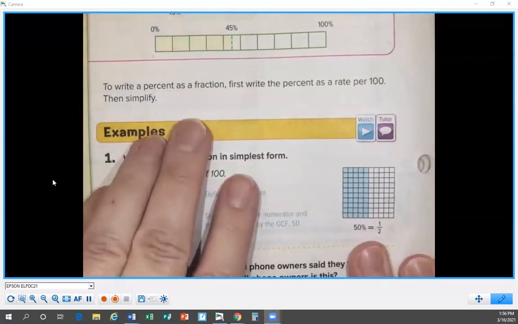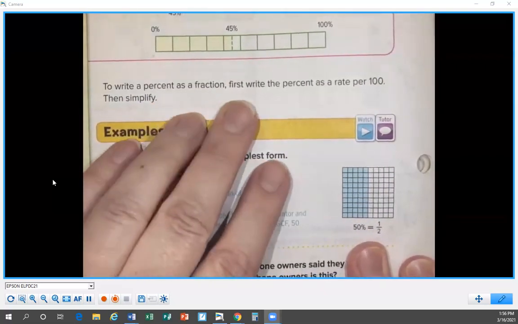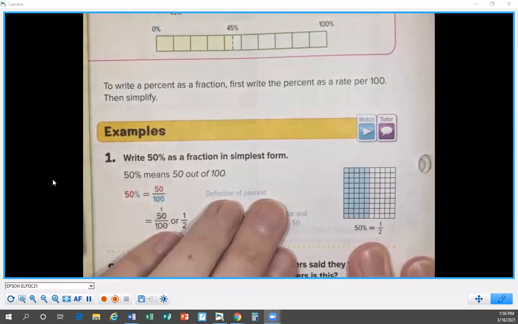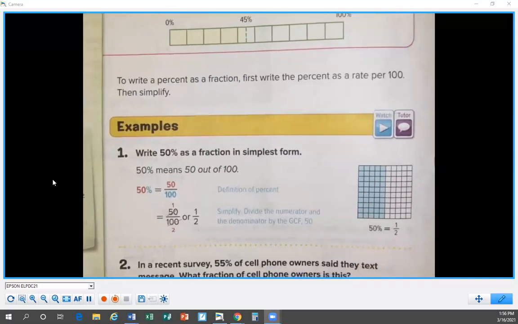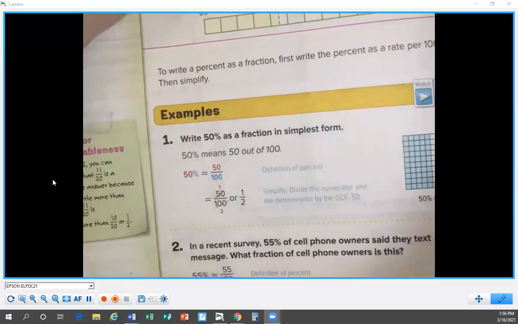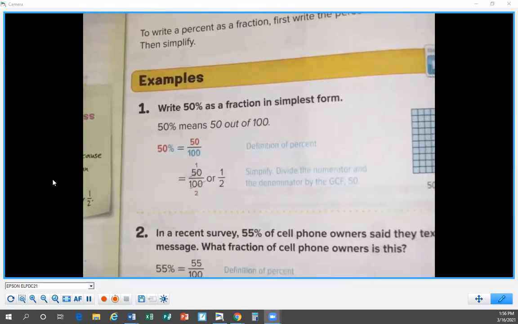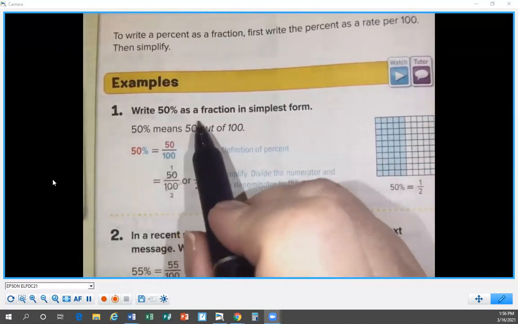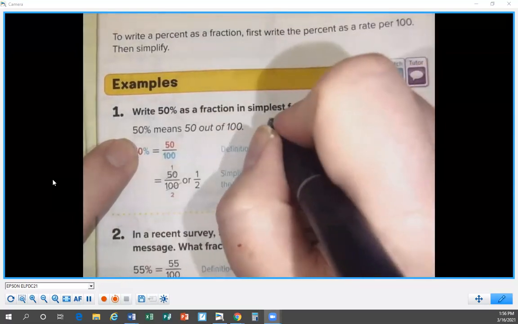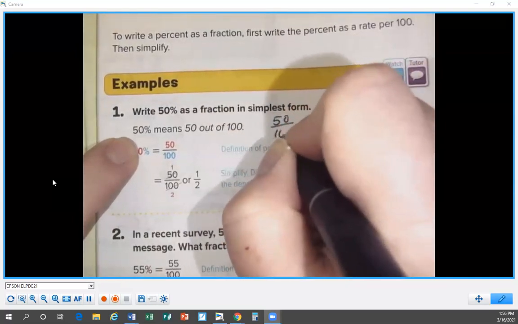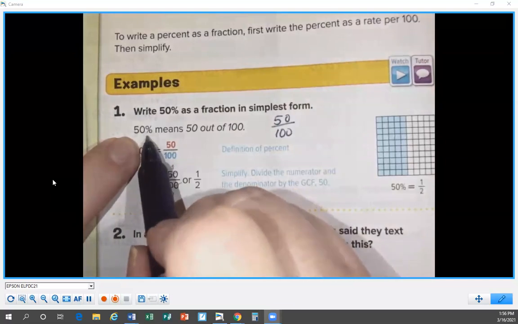To write a percent as a fraction, first write the percent as a rate per 100, then simplify if you can. Let's look at example 1. Write 50% as a fraction in simplest form. So 50% means 50 per 100, because remember, percent means per 100.